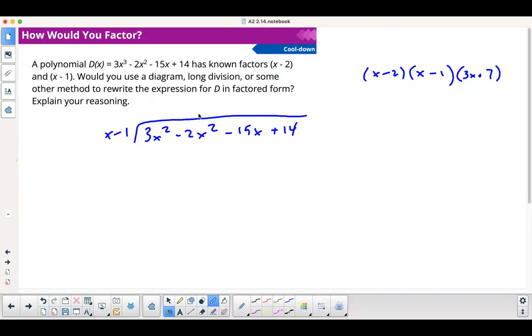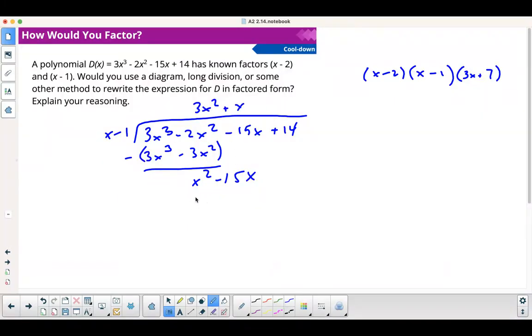I'll start with the x minus 1. Oh, wait, that was supposed to be a cube. Sorry. So I need to multiply that by 3x squared. And then I distribute it. And then I subtract. So these cancel. This ends up being plus, so I get a positive 1x squared. Bring down the next term. X times x.